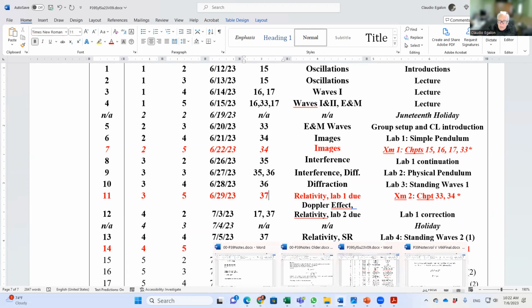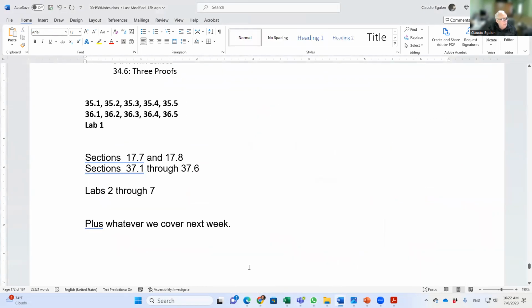Let's go back to the notes. Any more questions? Notes here: 36 is diffraction, 37 is relativity. So we can locate ourselves better. Here is going to be Doppler effect.